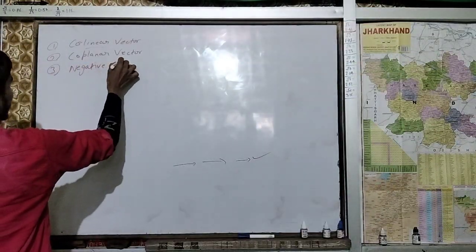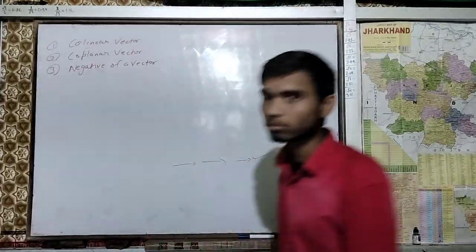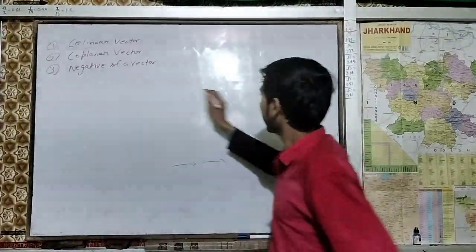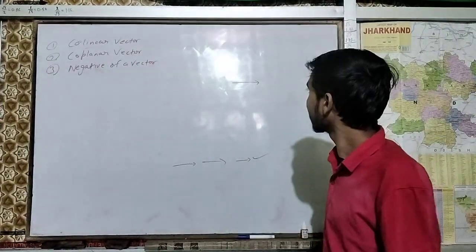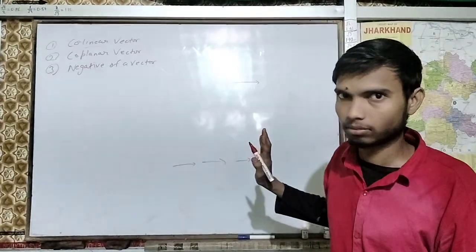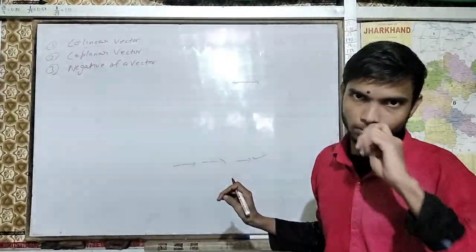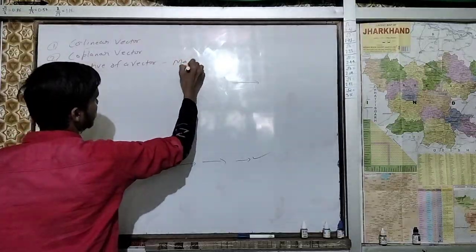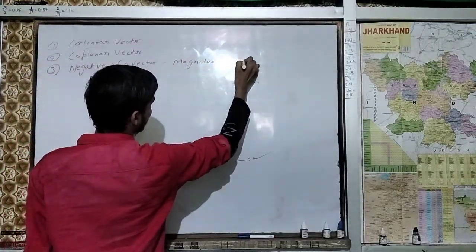Okay, next we have the negative of a vector. This is a vector, it is positive. It says that magnitude should be the same.